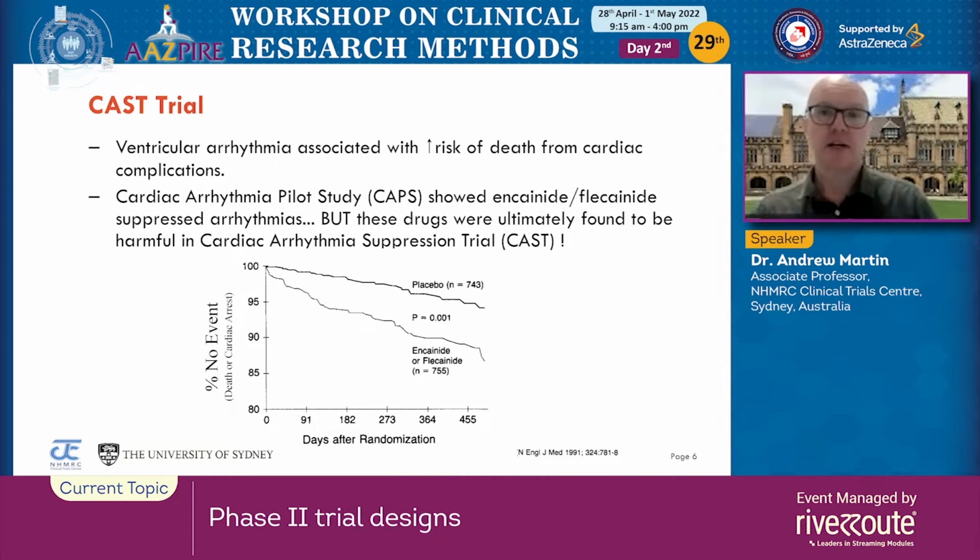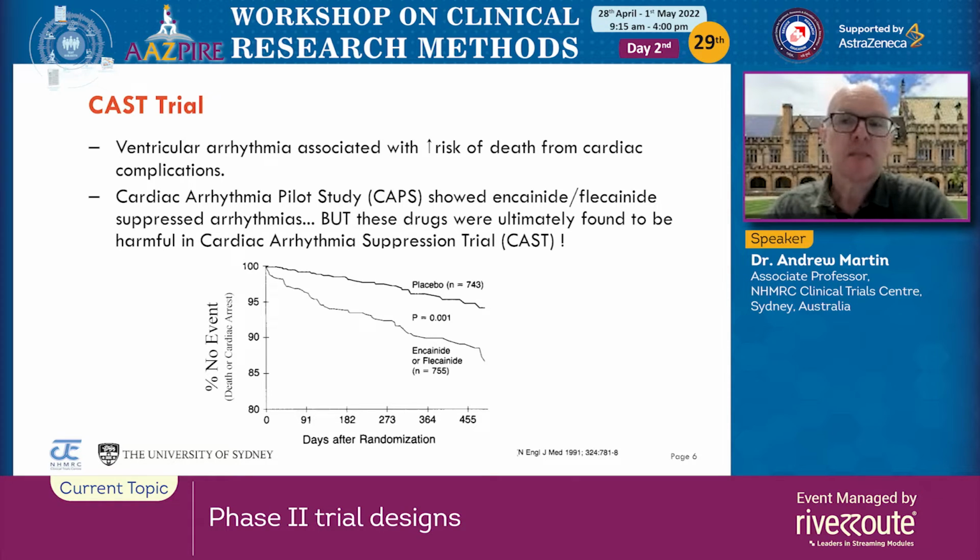Now, there are plenty of examples of where what was thought to be a good surrogate endpoint turned out not to be. An example is presented on this slide. And we begin by acknowledging that ventricular arrhythmia is associated with an increased risk of death from cardiac complications.